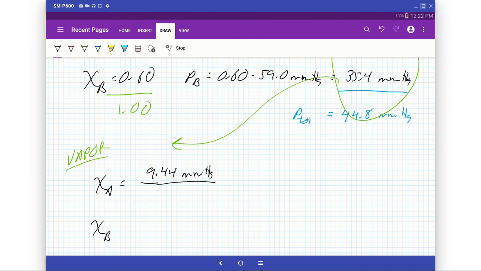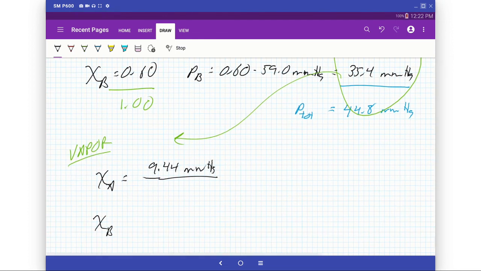Pressure ratio and mole ratio are the same thing. We looked at that earlier. So I can just take the ratio of the pressures here, and for here it's 35.4.